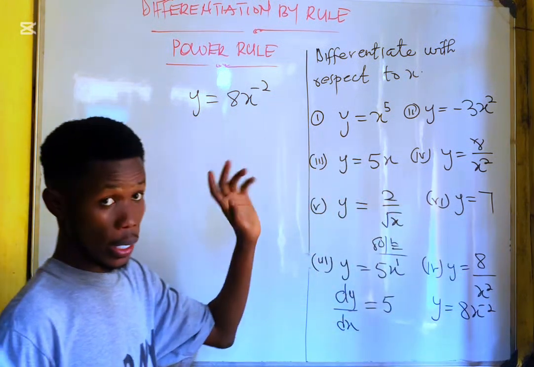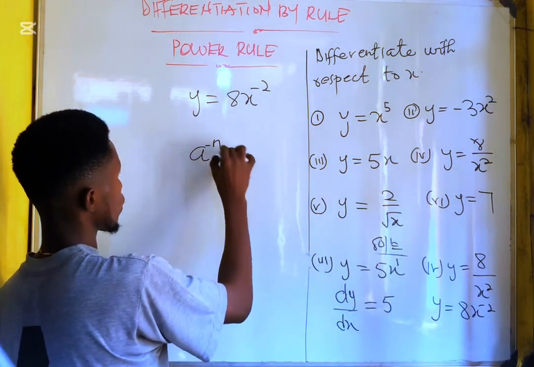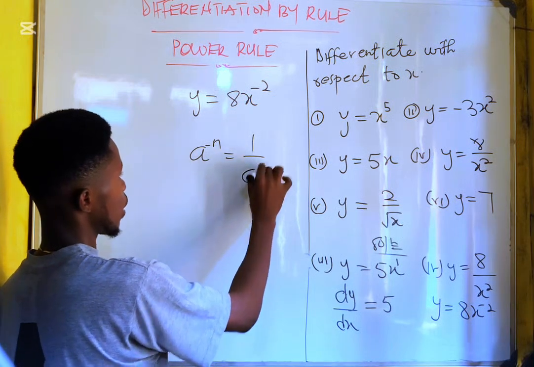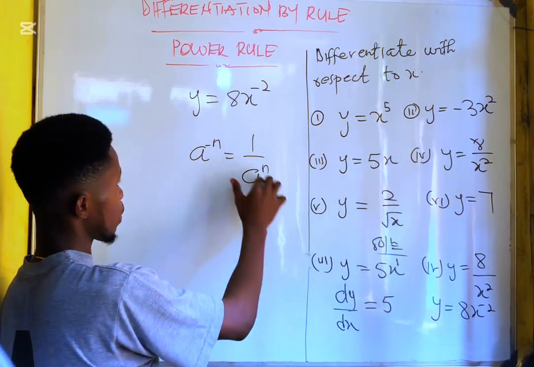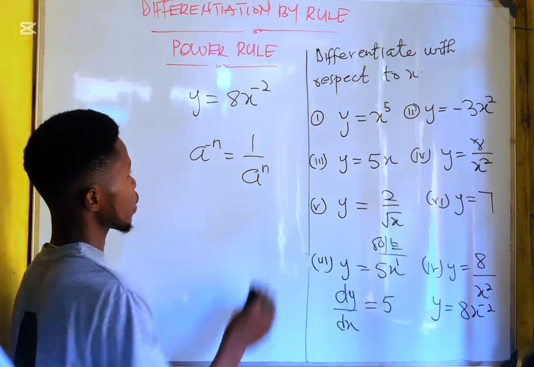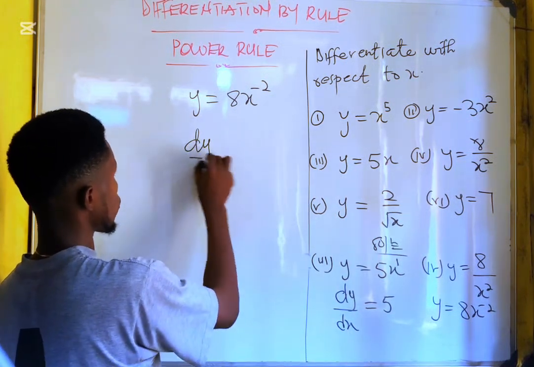From indices, we learned that if I have x to the power negative n, it can be written as 1 over x to the power n. So I can bring this one to become like this. So that's what I've done. Once I'm done with this, the dy/dx becomes simple for me to find.